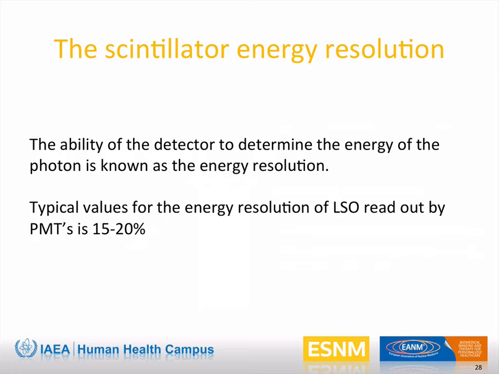However, we cannot exactly determine the energy released in the scintillator. The ability of the detector to measure the energy of the photon is known as the energy resolution. It must be considered that typical values for the energy resolution of lutetium-based scintillators read out by photomultiplier tubes is about 15 to 20%.